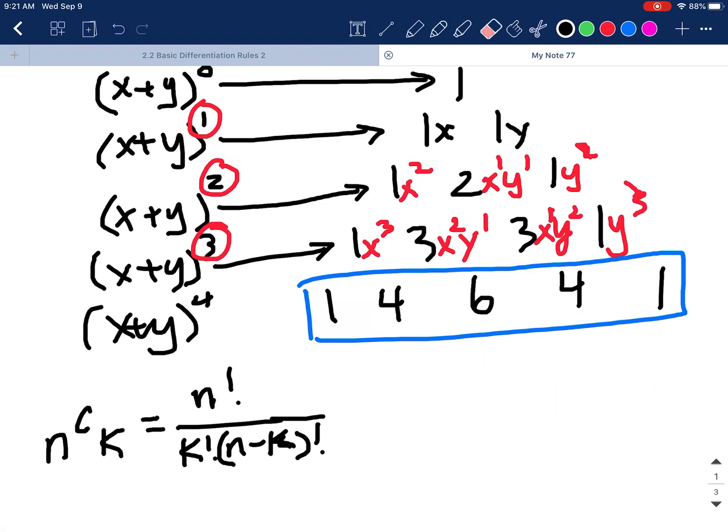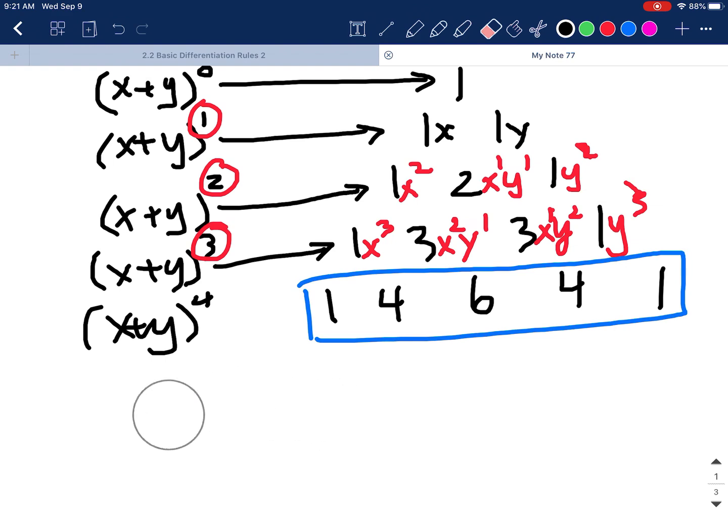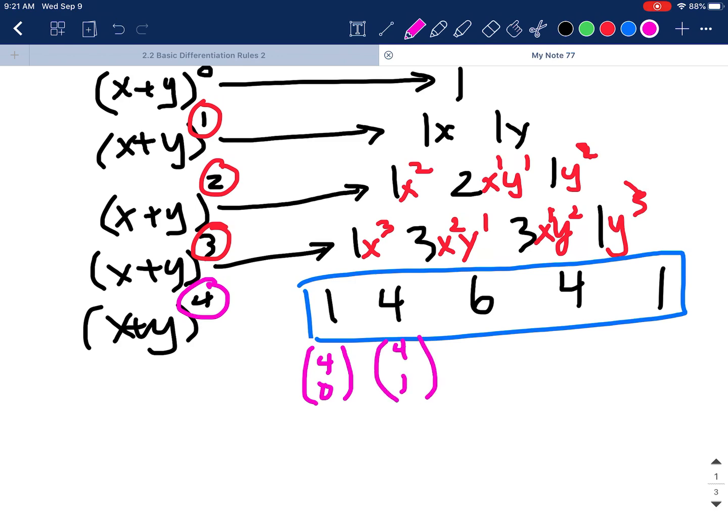So you might be wondering, well, why does this matter? Well, if you calculate these by each row, again this is the 4th row, this is really 4 choose 0. This is 4 choose 1. 4 choose 1 is 4. 4 choose 2 is 6.